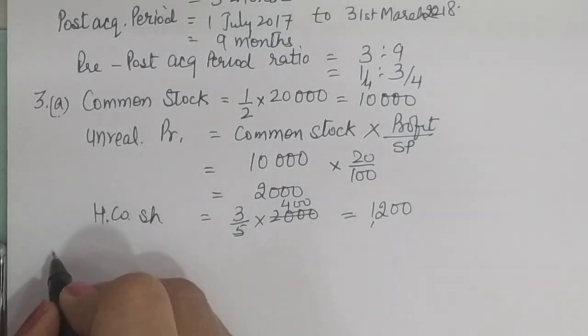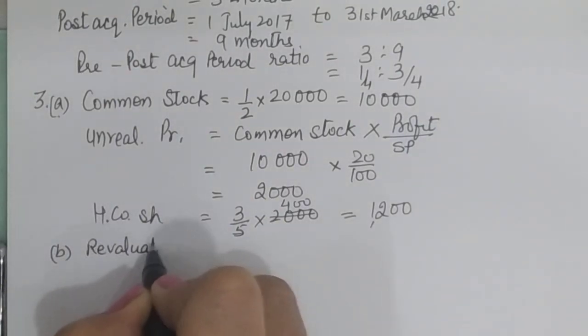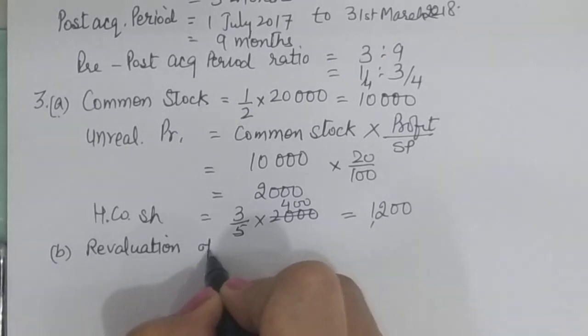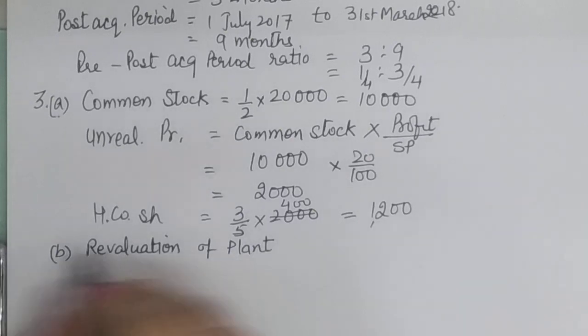Next adjustment is for revaluation of plant. Okay. Now, in order to revalue the plant, we are to find out profit or loss and depreciation. So for that matter, make a timeline.